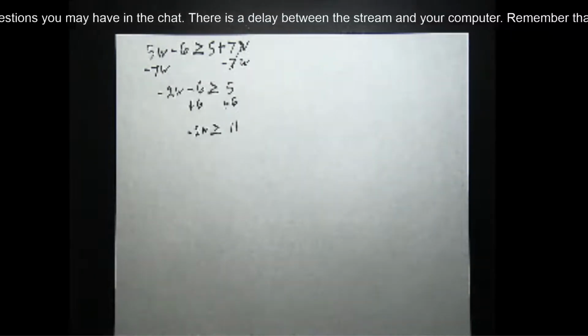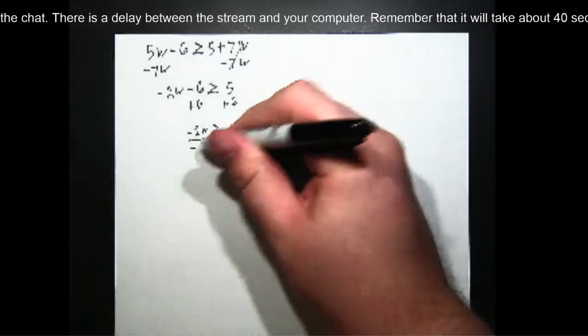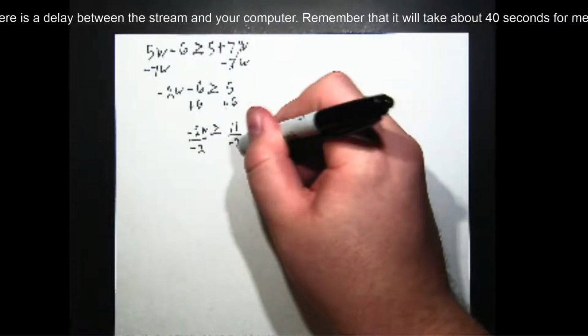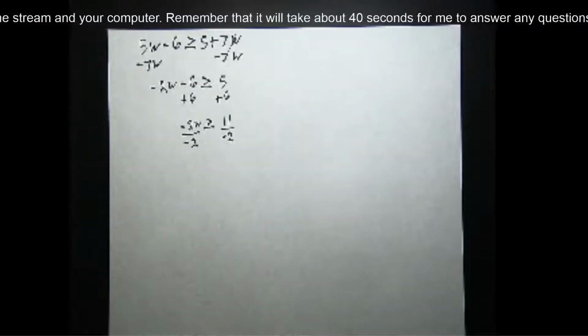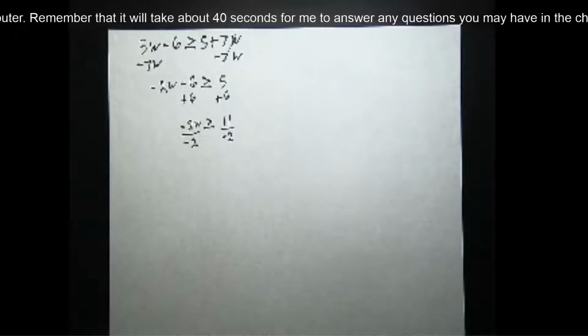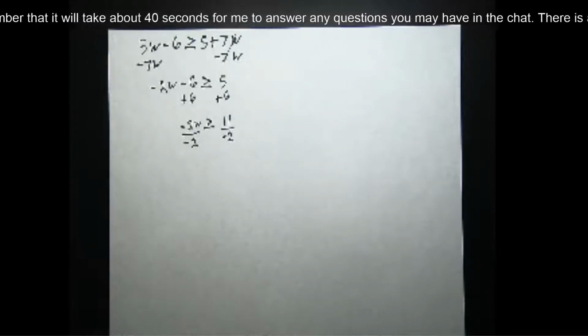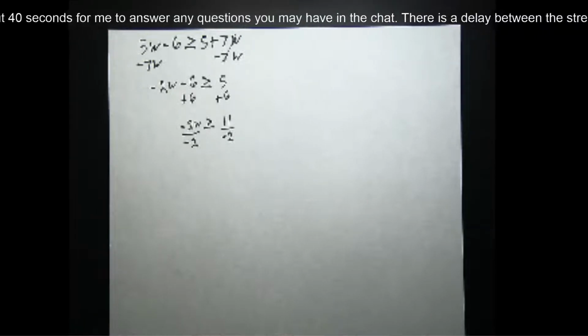And then one last step, and that is to divide by negative 2 on both sides. But remember, something happens there when we divide by a negative: the inequality sign flips. Because dividing by a negative number changes our weight. It flips our weight around.